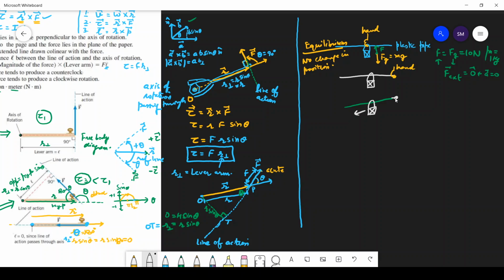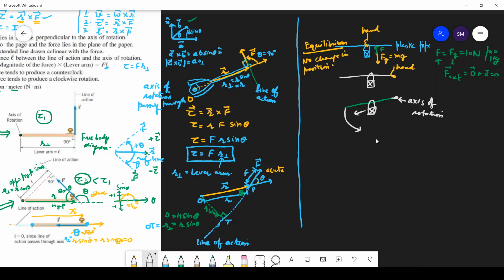But see, the important thing is that, okay, this is a translation motion. But you can see this rod has become your axis of rotation. And this bag and these rods, they are both moving in this direction. So that's your rotational direction. That's your translation motion, and that's your rotational motion.